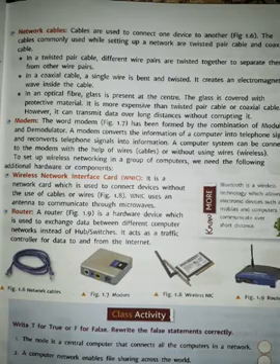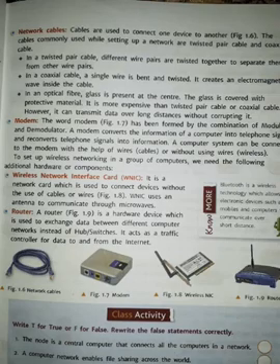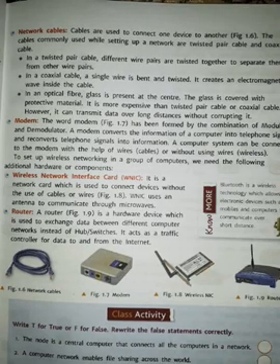Students, in the networking system, we see different types of cables are used, like twisted pair cables, coaxial cable, and optical fiber cables. These cables have different capacity and different transmission rate.